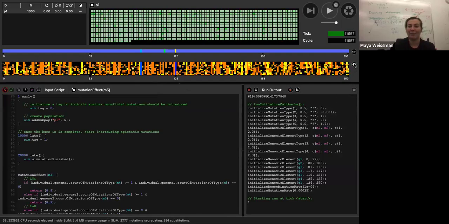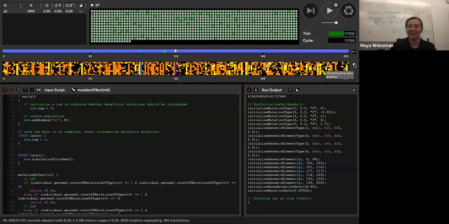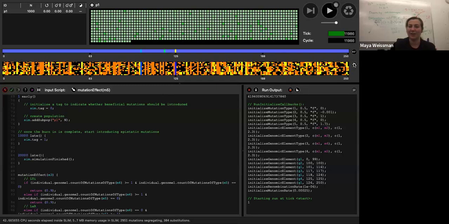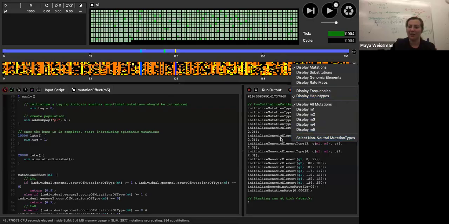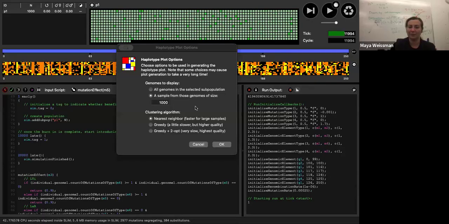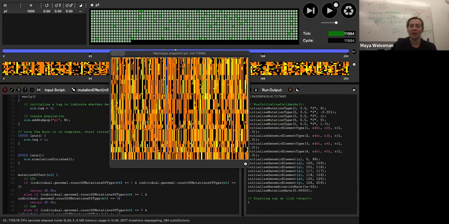This is displaying haplotypes, which is, I think, the most useful thing to do. So if I stop this here and I create a haplotype plot with, say, a sample of 100 individuals, this is super messy. There's a ton going on here because there are so many mutations.